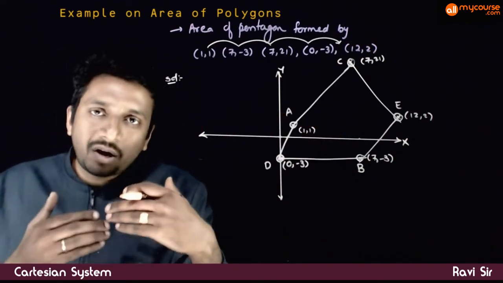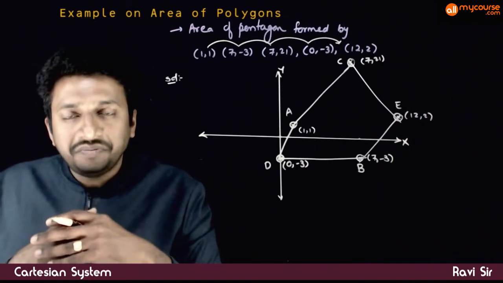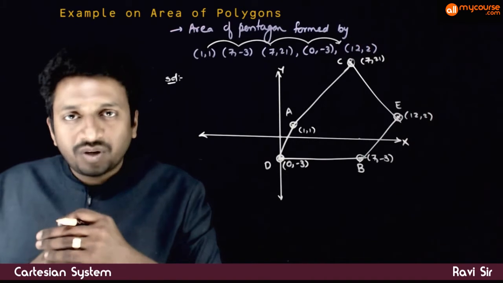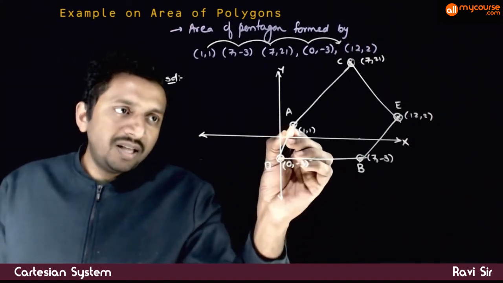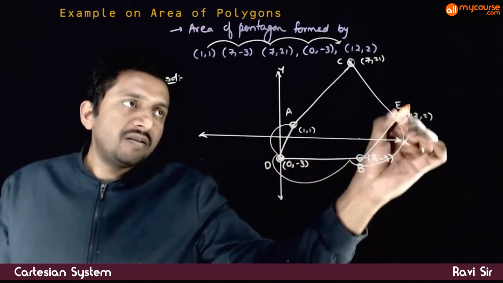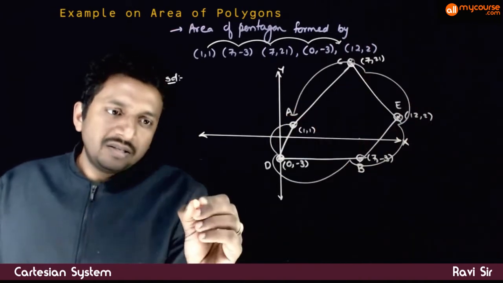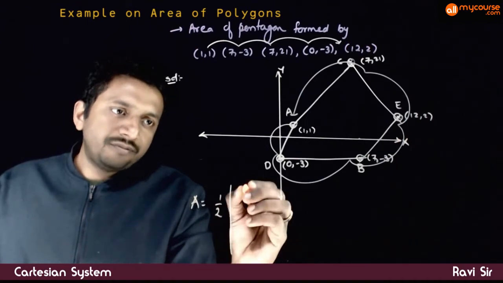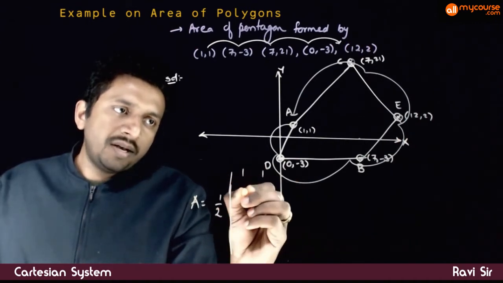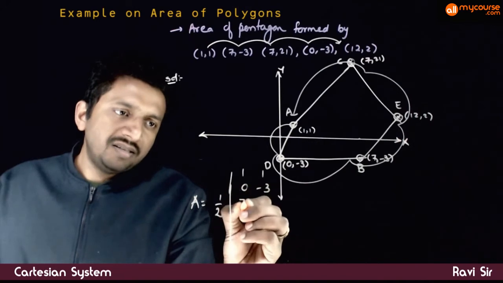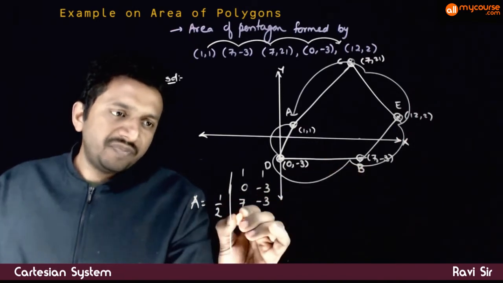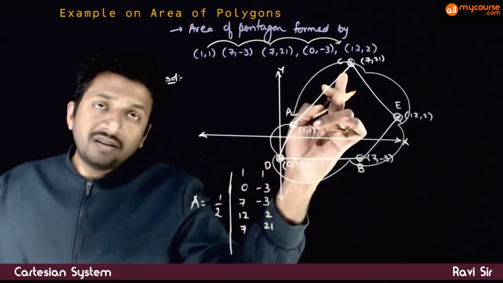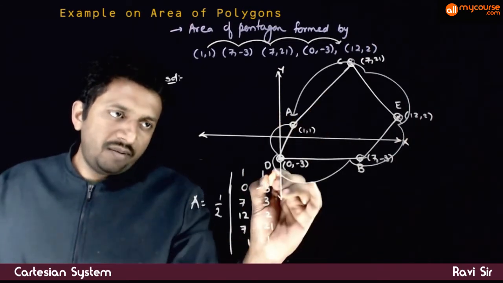You can go either in clockwise direction or in counterclockwise direction. As we have seen, if you go in counterclockwise direction, you directly get the positive value. So let us go in this direction, back here. So area is equal to half of 1, 1; 0, minus 3; 7, minus 3; 12, 2; 7, 21 and back to 1, 1.